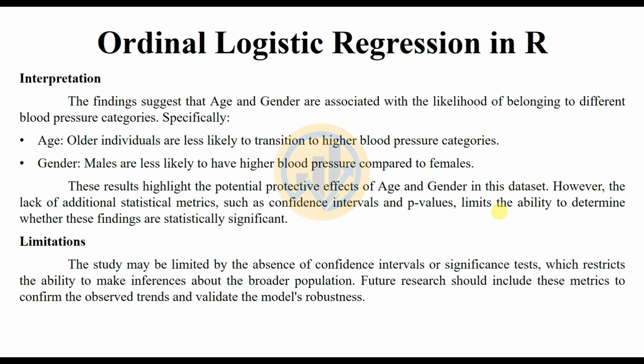The limitations of ordinal logistic regression: the study may be limited by the absence of confidence intervals or significance tests, which restricts the ability to make inference about the broader population. Further research should include those metrics to confirm the observed trends and validate the model's robustness.